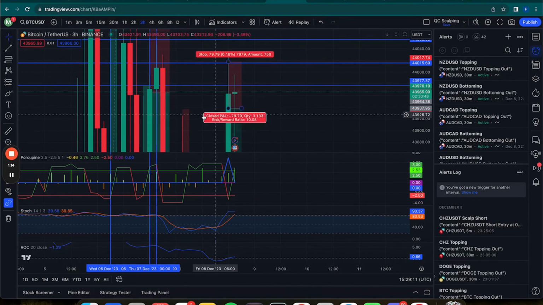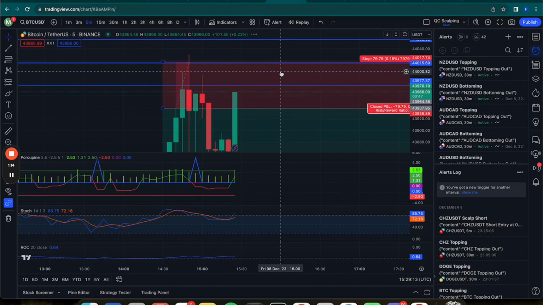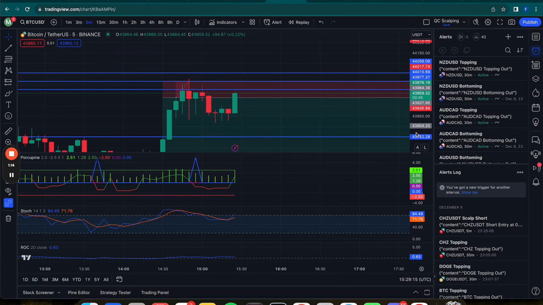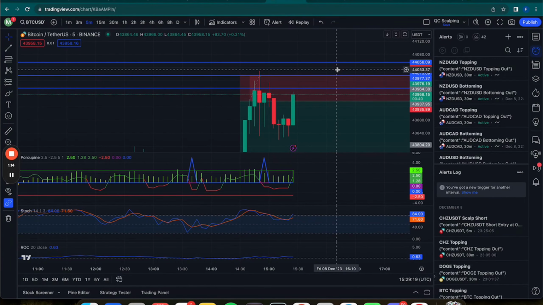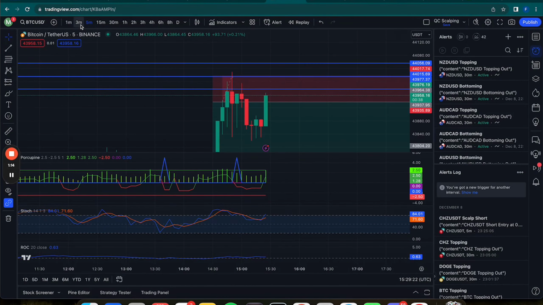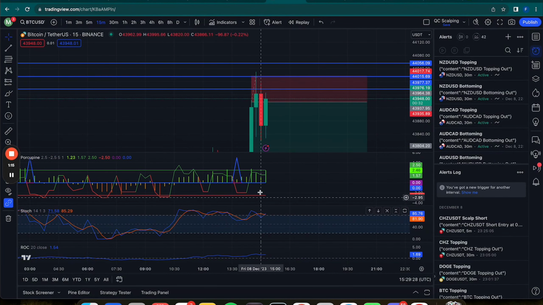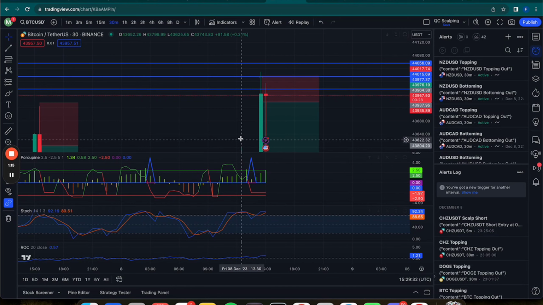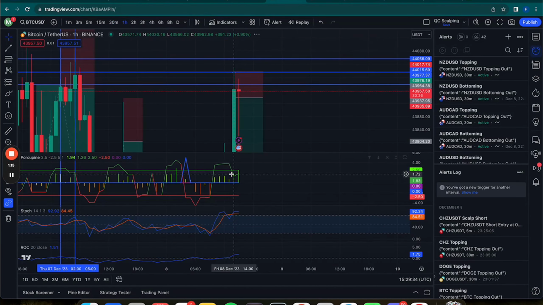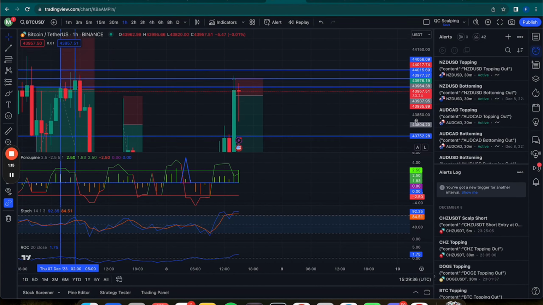So my scalp trade could convert into a larger short, which might make sense. That would mean the 3 and 5 topping out all over again, the 15 minute chopping around a little bit, the 30 minute chopping around a little bit, but then eventually moving this 1 minute to the downside.